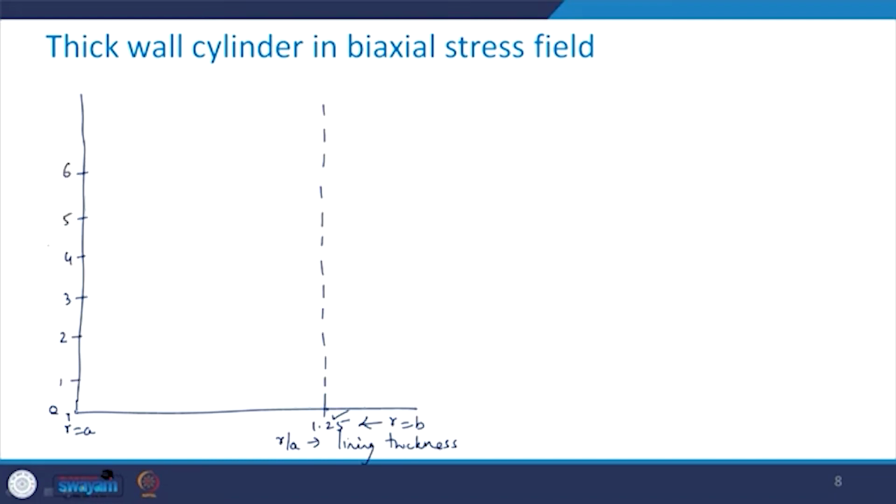So here what we have is sigma upon p naught, which is increasing in this direction, and what do we call this as? Stress concentration factor.